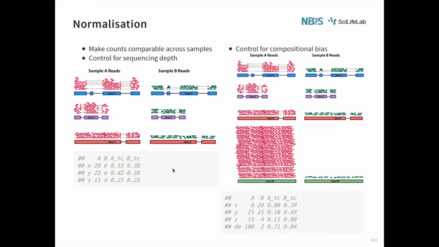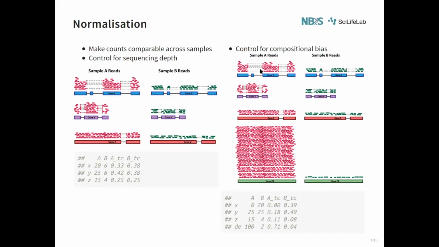The next sort of normalization is controlling for compositional bias. The idea is that if you have a few genes which are super highly expressed in one condition, in this case a gene here which is extremely highly expressed in one sample and extremely low in the other, most of the reads are going to be skewed by this super high expression.